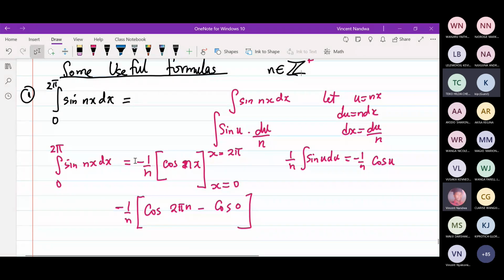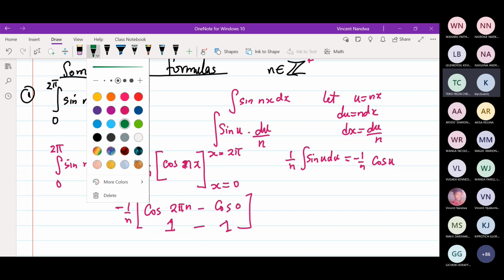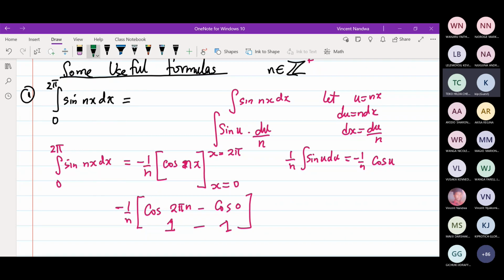So when n is 1, cos of 2 pi is 1. It will always give you 1. So 1 minus 1 is 0. So 0 times minus 1 over n, you get 0. So the integral from 0 to 2 pi of sine nx dx will always provide 0 as the final answer.